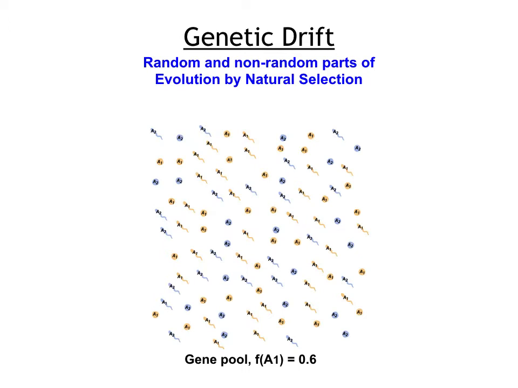We've also been really good at explicitly underlining the fact that natural selection is a non-random process, right? So there are explicitly non-random processes involved in evolution by natural selection, but there are also some random processes.